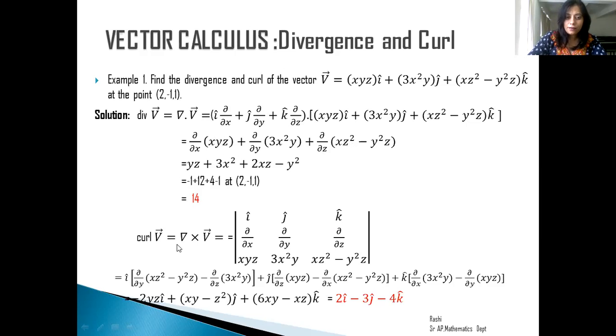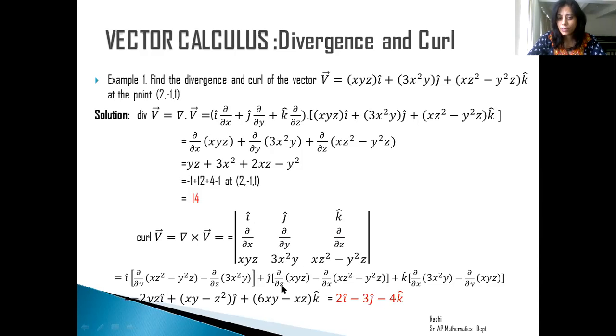Let us see the curl. Put it in the formula which we have done. Determinant of i, j, k, del by del x, del by del y, del by del z, and put the three functions f1, f2, f3. Now solve this determinant. How to solve this? i del by del y of this expression minus del by del z of this expression. Then do for j.